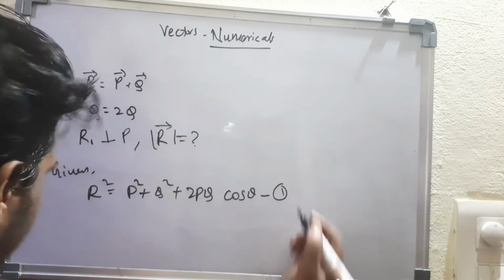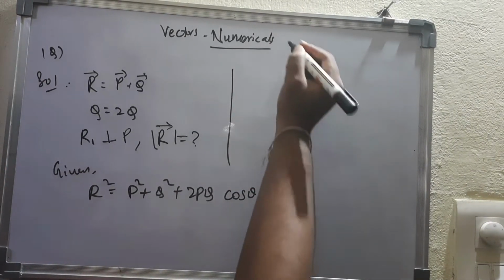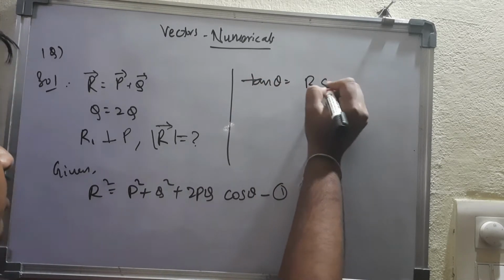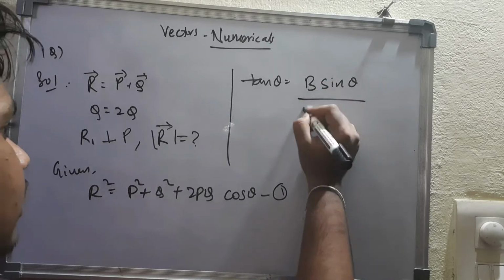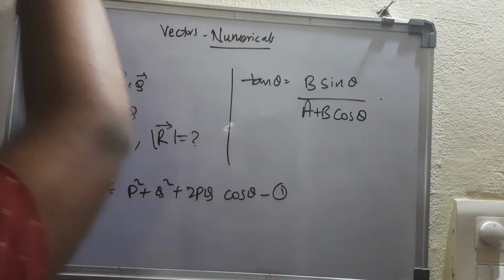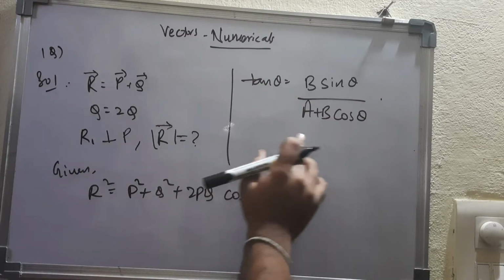Let this be the first equation. Now what's the formula? Tan theta equals b sin theta by a plus b cos theta. I've said this formula in the video Vectors One Shot. You can watch it there.